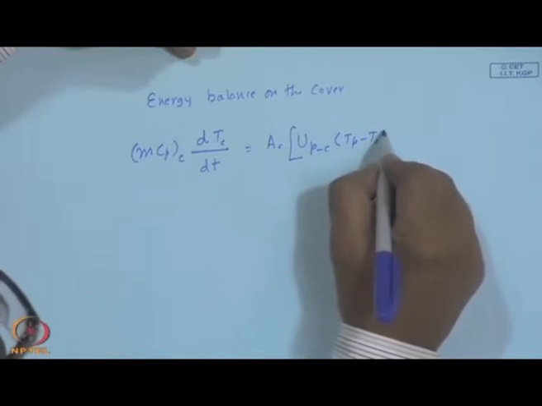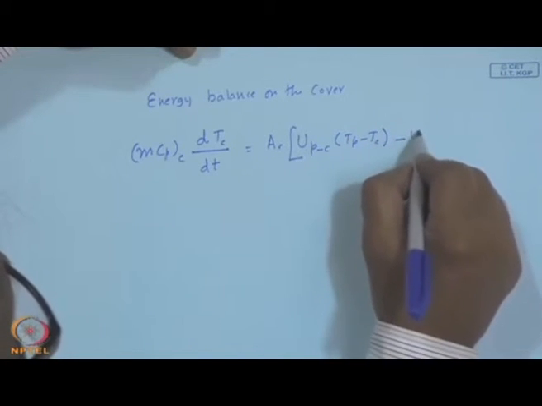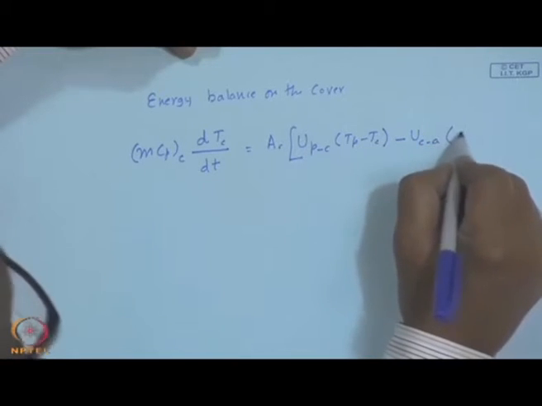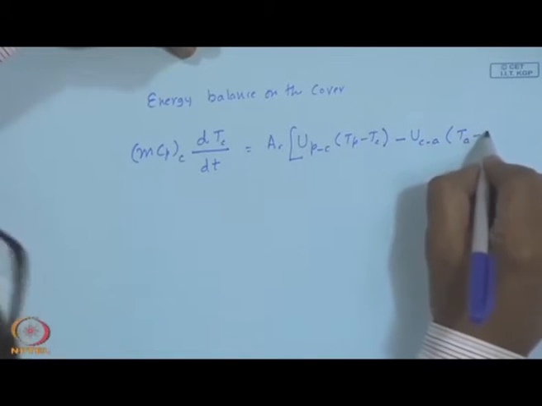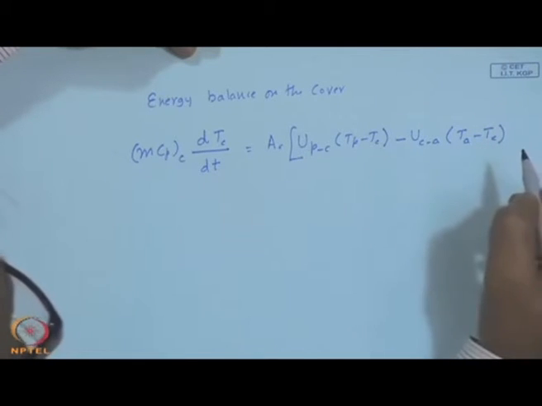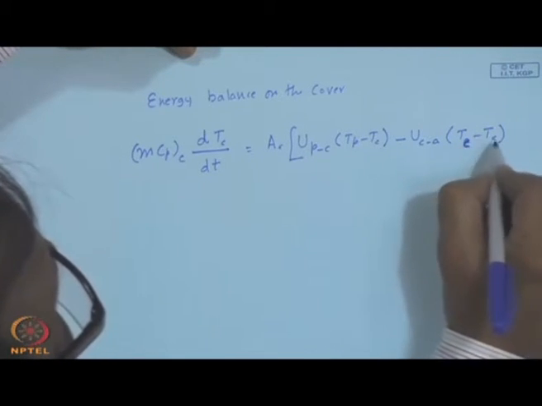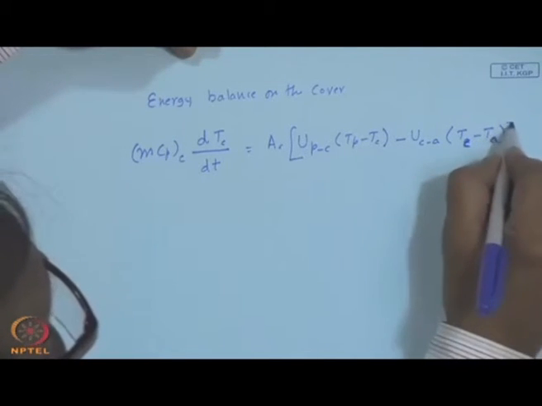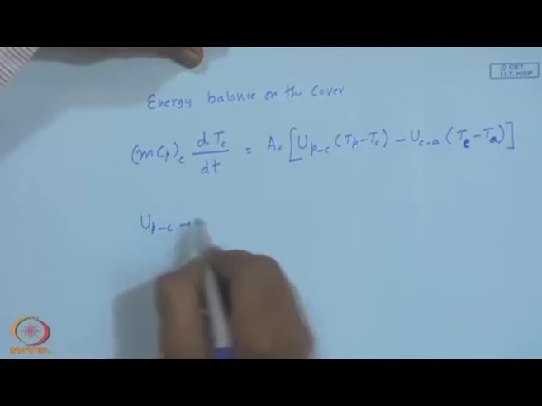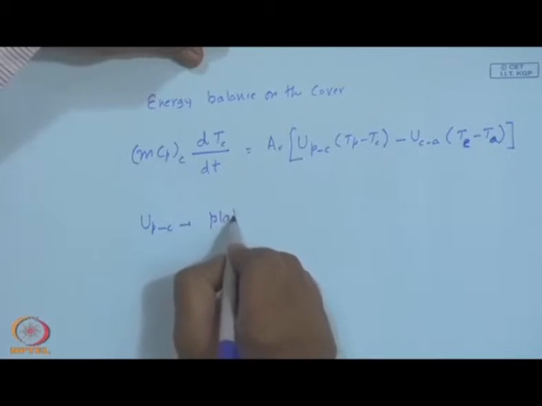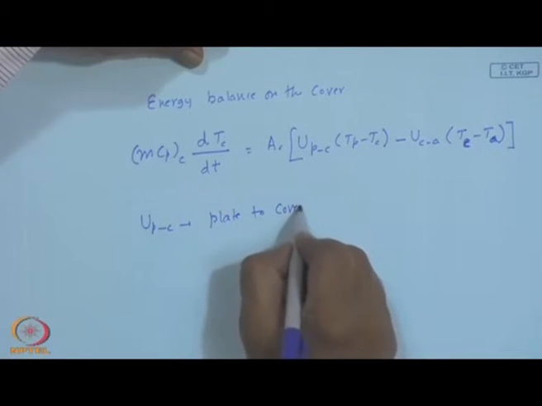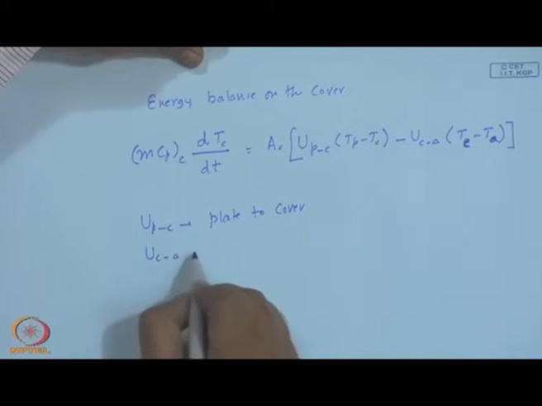This is what the glass cover is receiving, and it is losing U c to A times T c minus T A, because we have written it as subtraction. So, these are the loss coefficients: U p c from plate to cover, and U c to A is cover to the ambient.